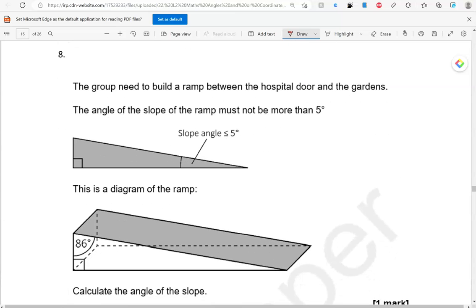The group need to build a ramp between the hospital door and the gardens. The angle of the slope of the ramp must not be more than 5 degrees. This is the diagram of the ramp. Calculate the angle of the slope. So the slope angle is this one here, which we need to work out. What we know is this one, which is 90 degrees because it's a right angle, and this one here is the same as this one, so that is 86 degrees.